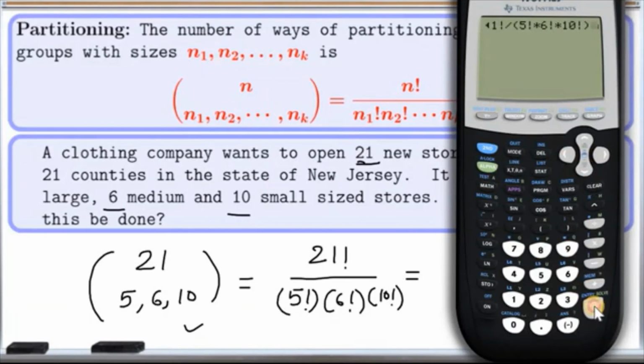Then close your parenthesis, then hit enter. So 21 factorial over 5 factorial times 6 factorial times 10 factorial is equal to this number here. That is 162954792. So let me put that down here.